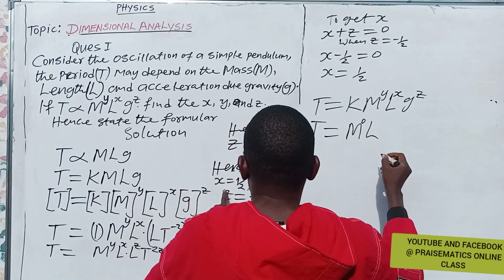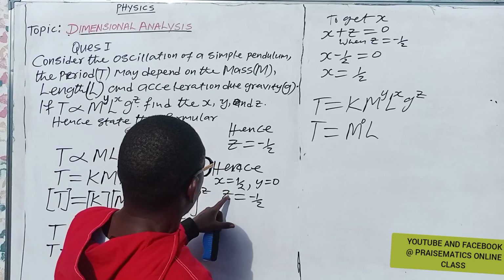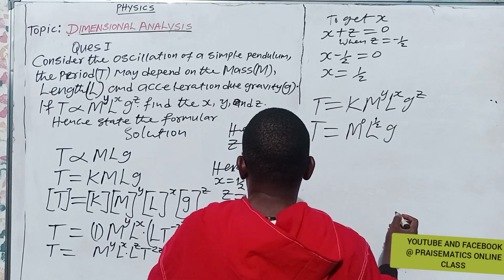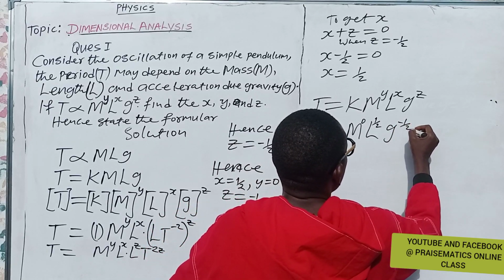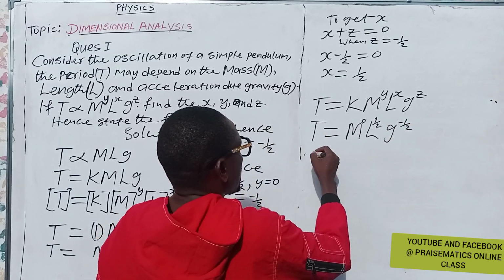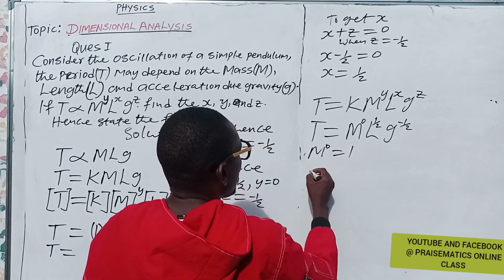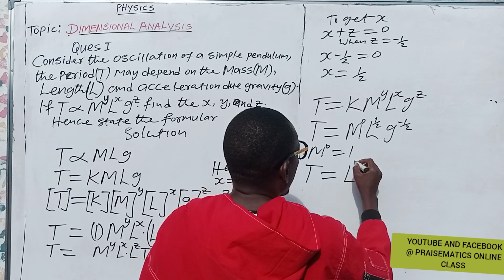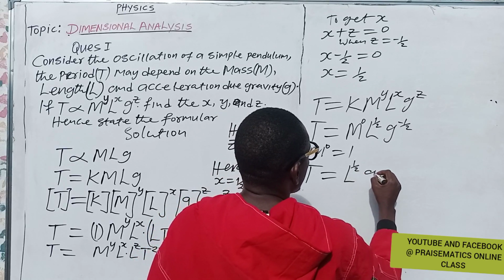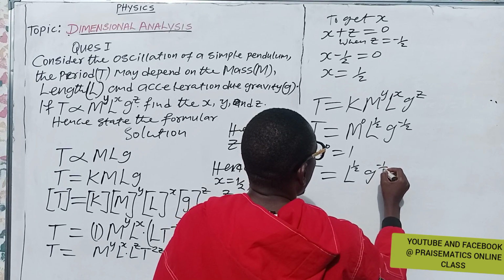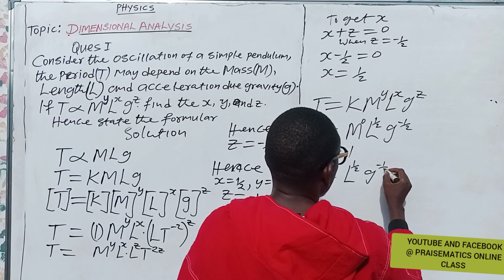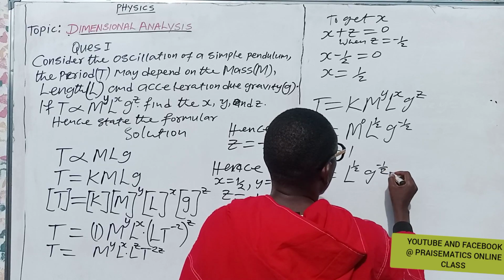L, our x, is 1 over 2. And g is minus 1 over 2. Remember that M raised to power 0 is equal to 1. What we have now? T is equal to L raised to power 1 over 2, g raised to power minus 1 over 2.